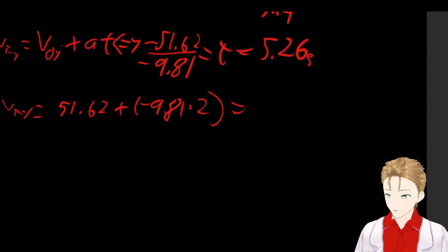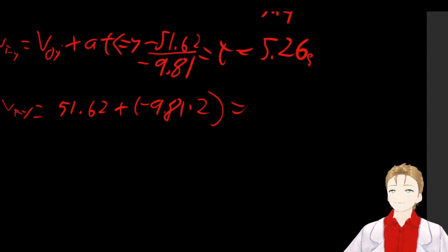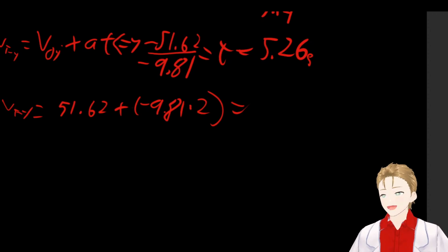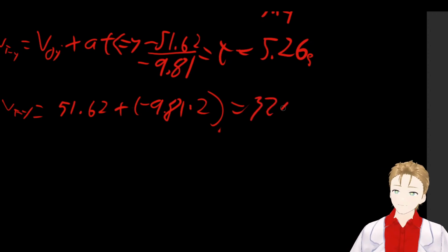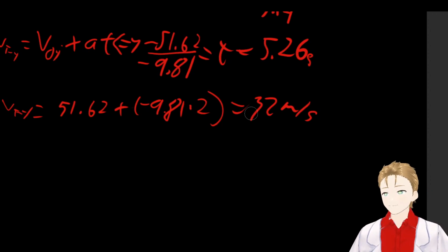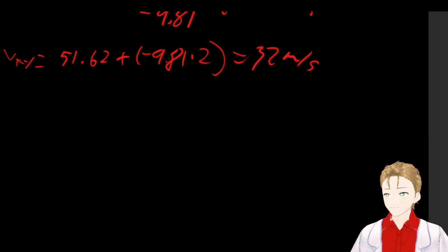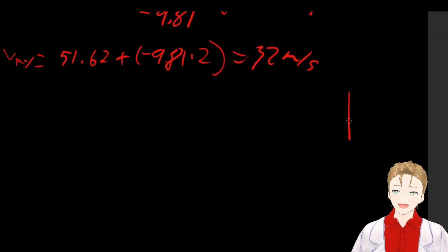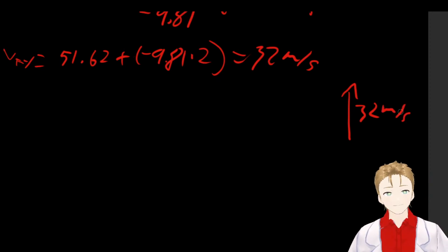So we can find at least the y just for now. About 32 meters per second at 2 seconds. We know that this is at least 32 meters per second.